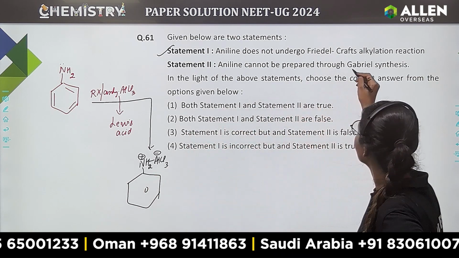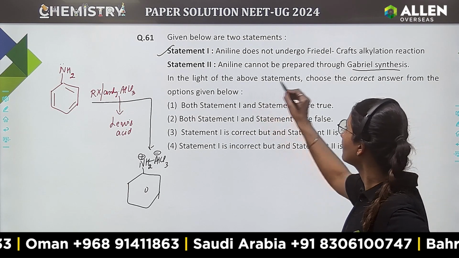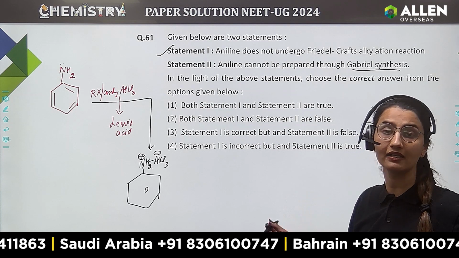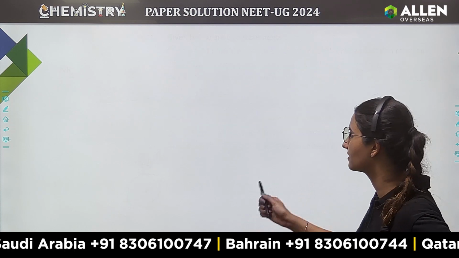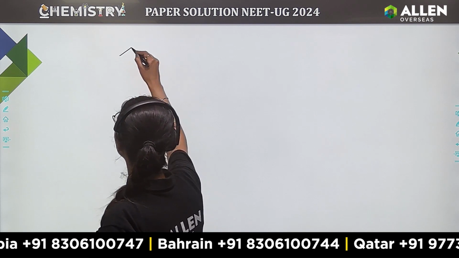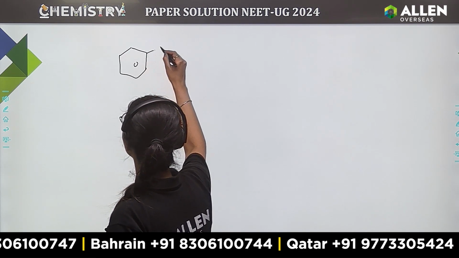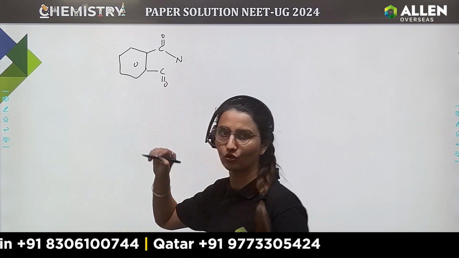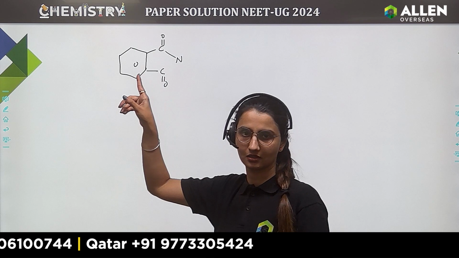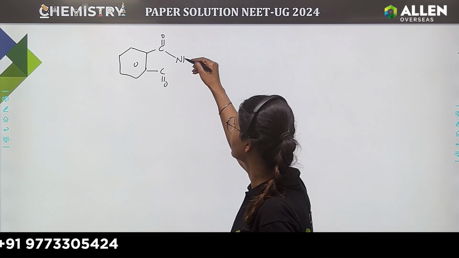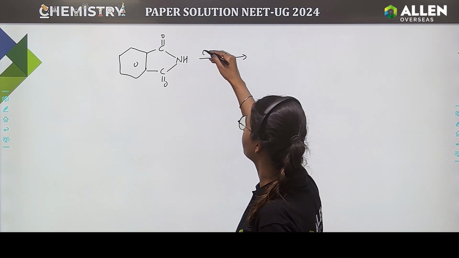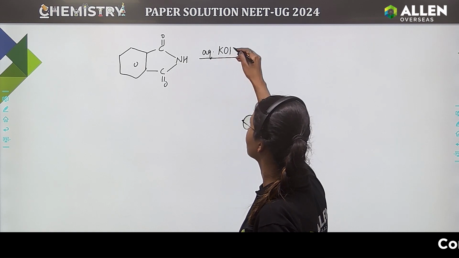Let's quickly review what our Gabriel phthalimide synthesis is. First we take our phthalimide. Benzene with 2 COOH is called phthalic acid. If we make an amide from it, it is called phthalimide.